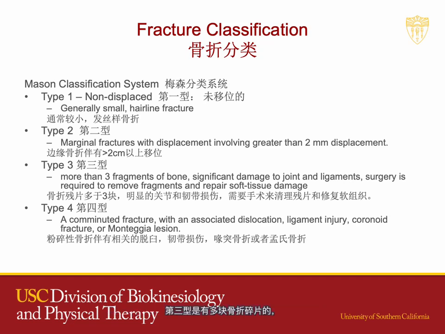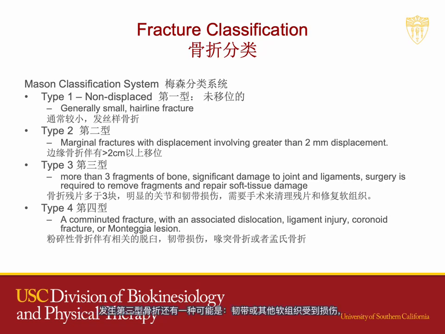Type 3 is where there's multiple fragments of bones. So this could be multiple bones involved. It could be that there's a fracture of the distal humerus, proximal ulna, radial head. That could be true. Or it could just mean that there's a significant amount of breakage in one of those bones. And so usually surgery is going to be required.